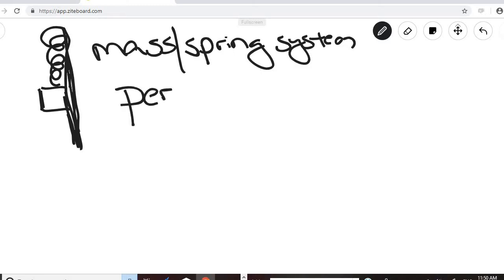So therefore this experiment is an example of periodic motion, because the weight that you attached has a motion that's going to be repeating itself regularly. So it is an example of periodic motion.